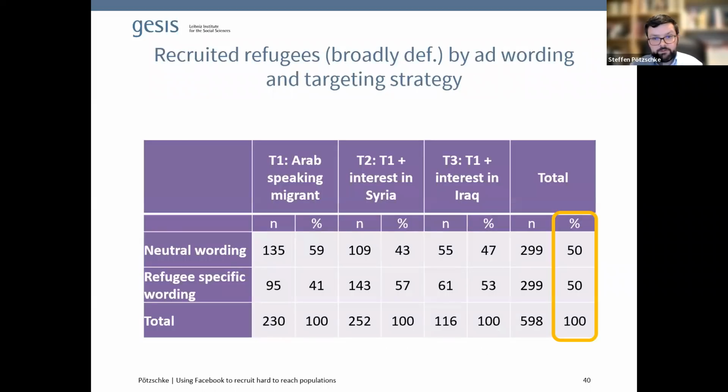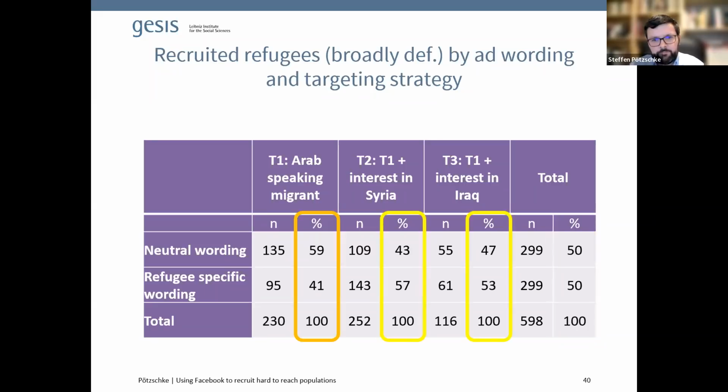Regarding the wording, I think this might be interesting for some people: if we look at the total, we actually do not see a difference in the effect. But if we look at the different groups or targeting strategies, we can see that the neutral wording was responsible for a larger share of the recruitment in the more general targeting strategy.